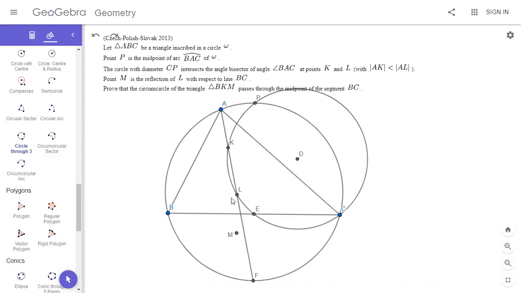I wonder if L is like the Humpty point. No, I don't think so. We want to show angle LBE is equal to angle LKE. That doesn't sound right. I keep getting confused.